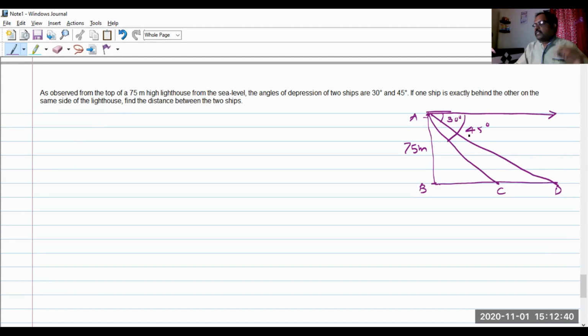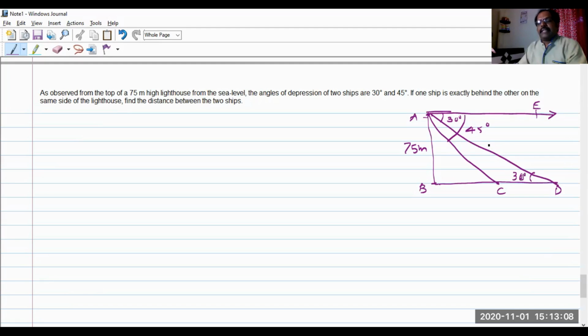Again we can use parallel lines and the transversal. Suppose A, B, C, D. See, AE is the eye level, so AE is parallel to BD. If we consider AD as a transversal, the angle EAD will be equal to ADB. So this will also become 30 degrees, same as this angle.